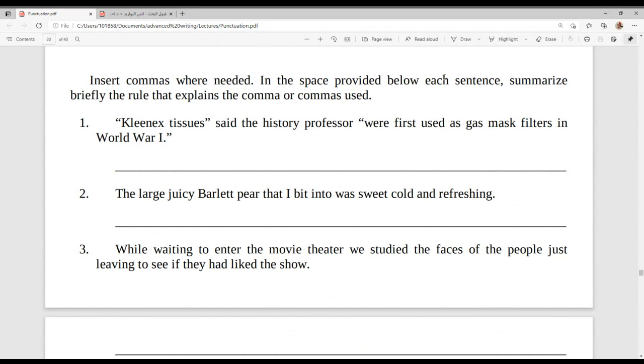Insert commas where needed in the space provided below each sentence. Summarize briefly the rule that explains the comma or commas used.